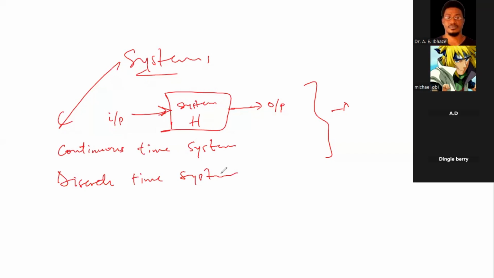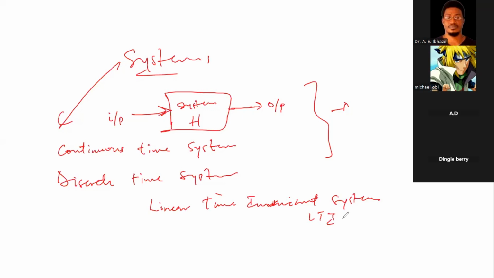Okay. And one perfect example of a system that we are going to be talking about is the linear time invariant system. Okay, we call it the LTI.